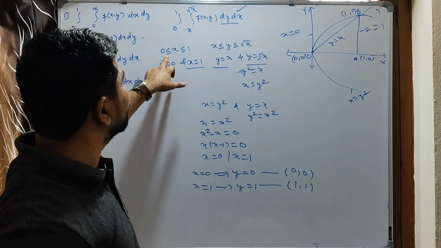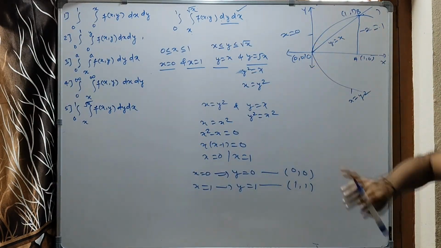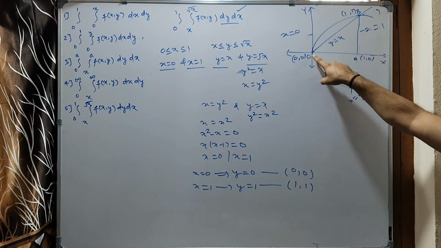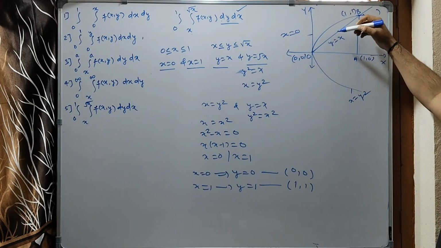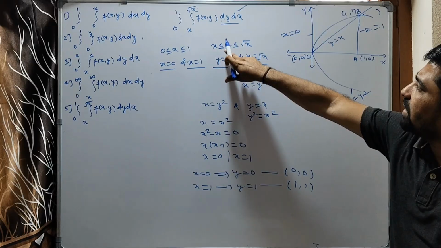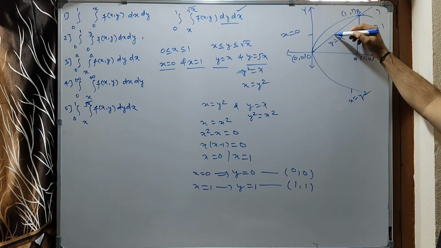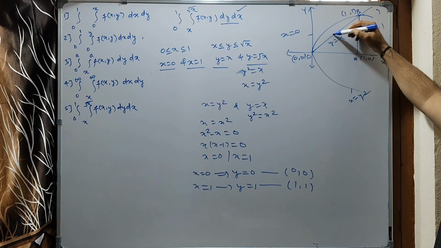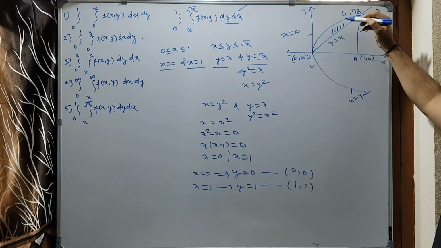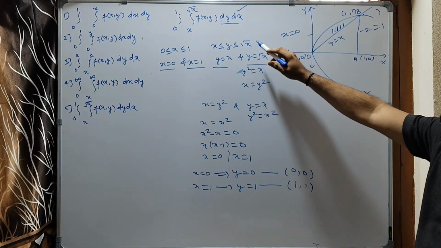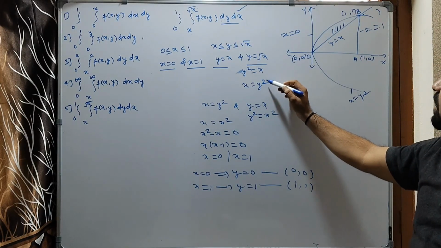The value of x satisfies 0 is less than or equal to x, which is less than or equal to 1. So x takes the complete value from here to here, 0 to 1. But y takes values such that x is less than or equal to y, which is less than or equal to root x.